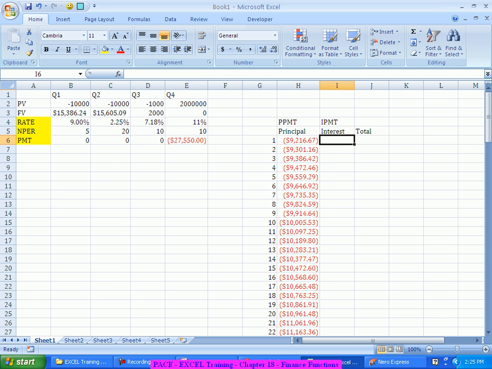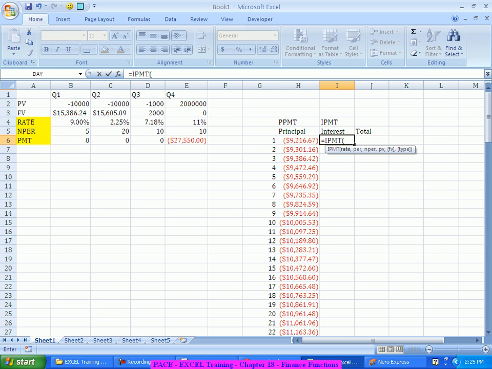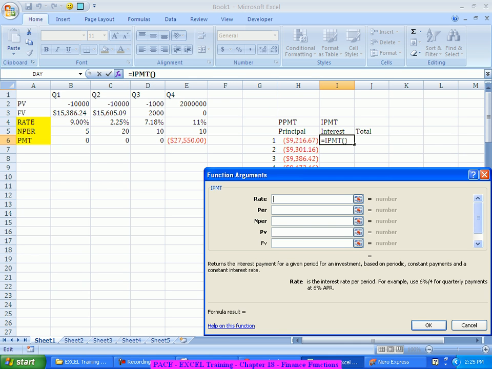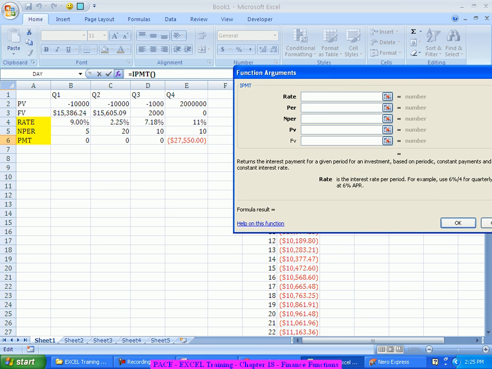Similarly, I can use IPMT, which is the interest portion of the payment. Same logic. The interest portion of the EMI, I can use IPMT. Again, the rate remains the same, divided by 12. Exactly the same way we have done the PPMT.